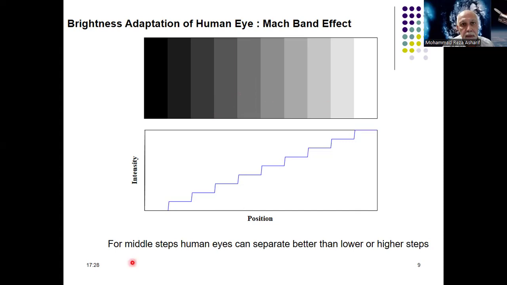So you can see that for middle steps, human eyes can separate better than the lower or higher steps. The steps are more separable in the middle than at the higher and lower ends. This is the Mach band.